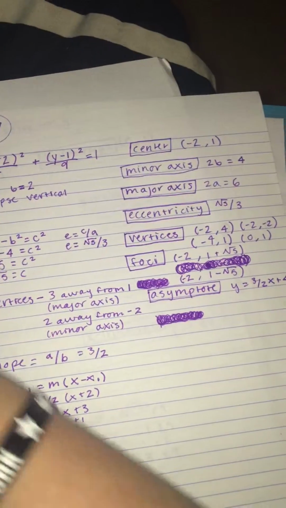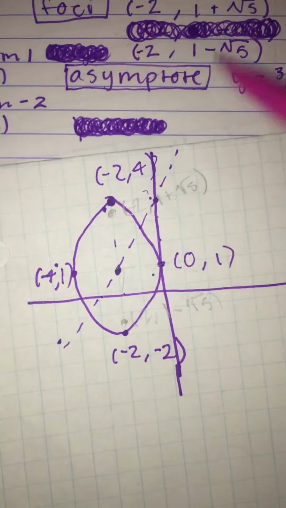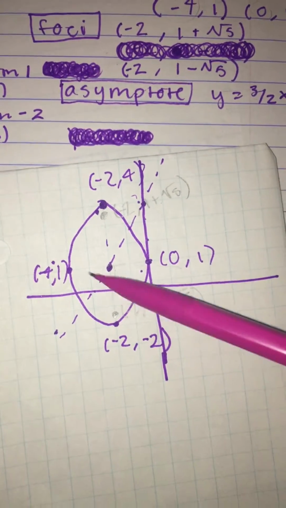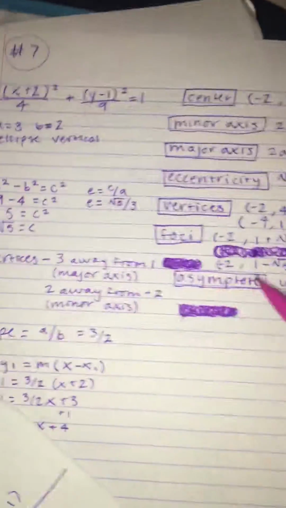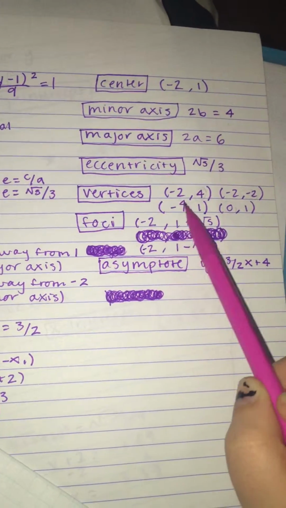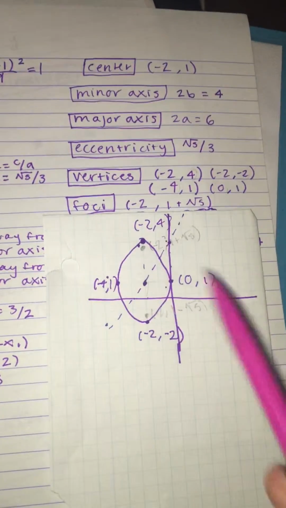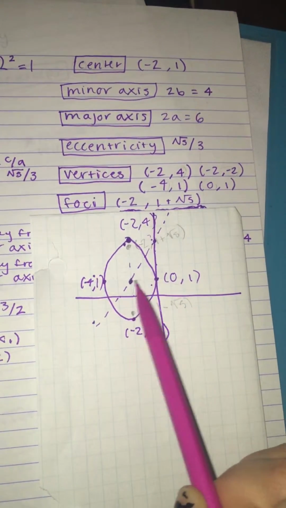And this can also be determined by graphing it. So then your vertices along your minor axis, which is the horizontal axis, are 2 away from -2 on either side, which can also be determined by graphing it.